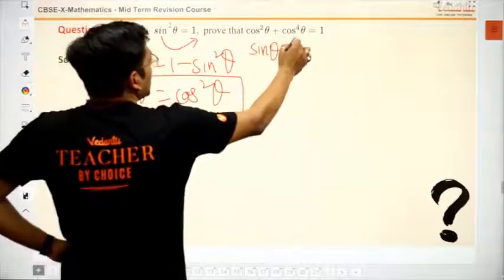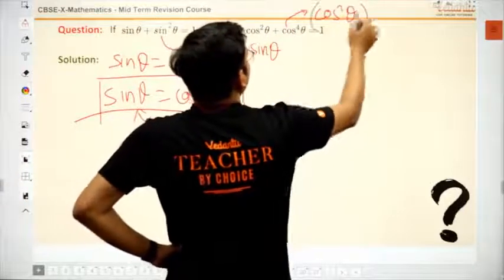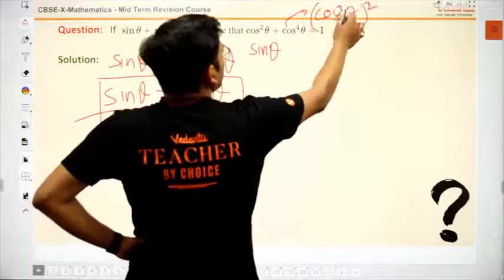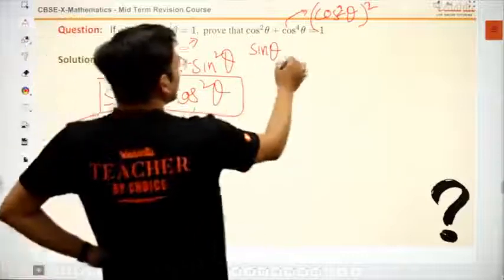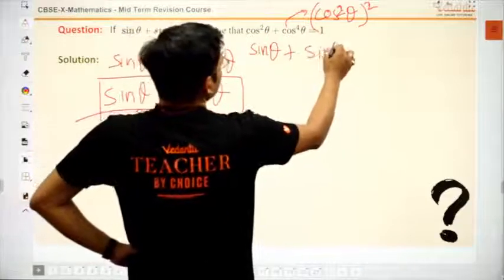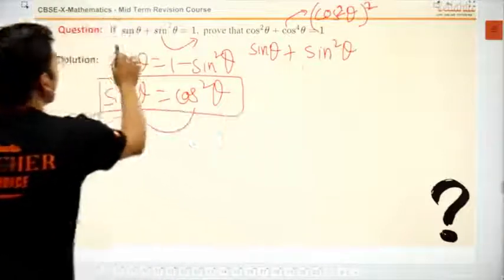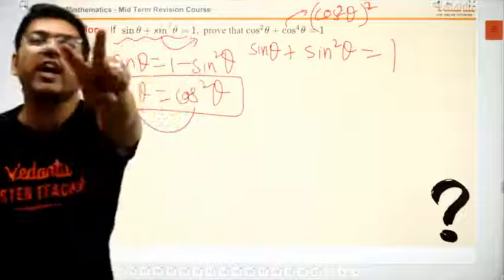And this is nothing but the square of cos square theta. Look, this is cos 4 theta, so it can be said that it is the square of cos square theta. Cos square theta has the value sin theta, so it will come as sin square theta. Sin theta plus sin square theta. What is the value? It is 1. Proved in 2 lines.